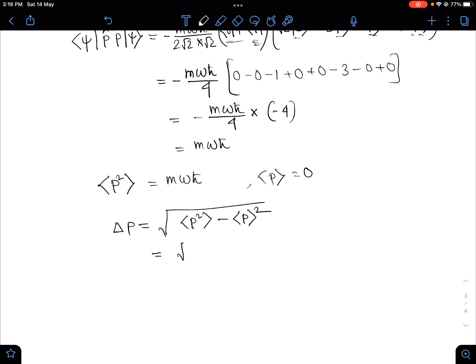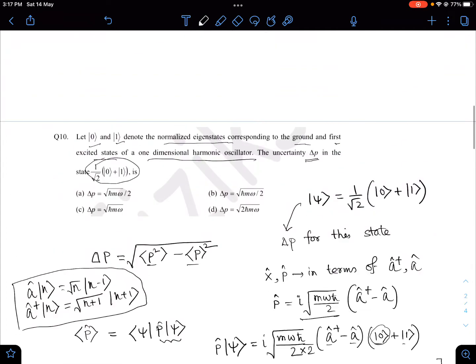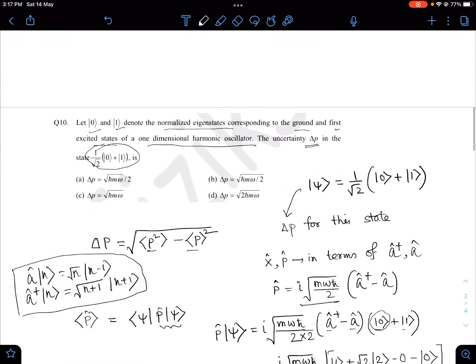So this is root under m omega h cut. That should be our uncertainty in p. So let us check the options. Yeah, so our correct answer is this one, C.